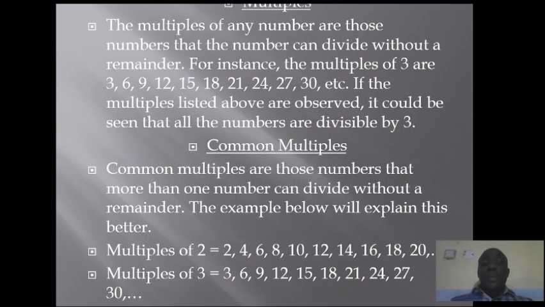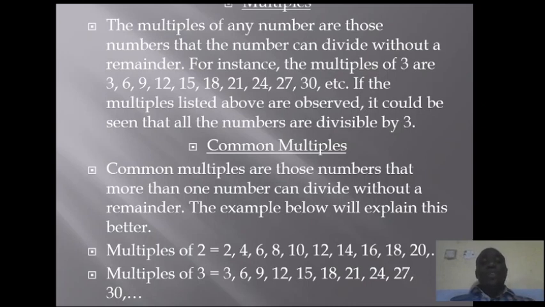The examples above are multiples of 3. The next step is common multiple. We need to consider the word common first. Common are things that you can see in various places, or things that numerous people can use.